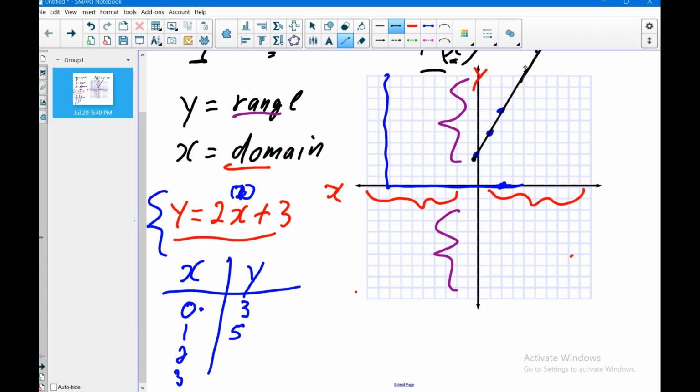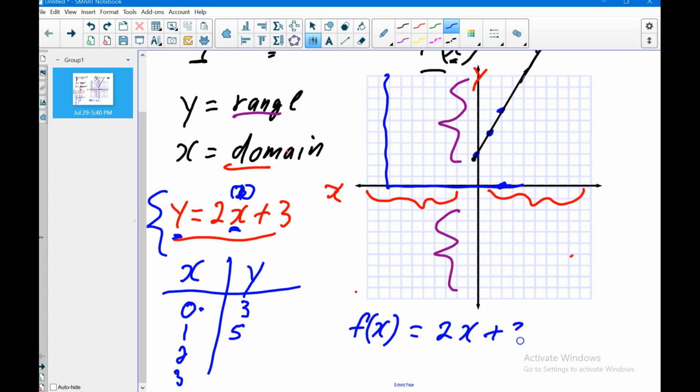But what I'm pointing out here is that for every value of x, there is a corresponding value of y. But then what they do, they change it. They say, okay, f of x equals 2x plus 3. So it looks way different than over there, but it's really the same thing.